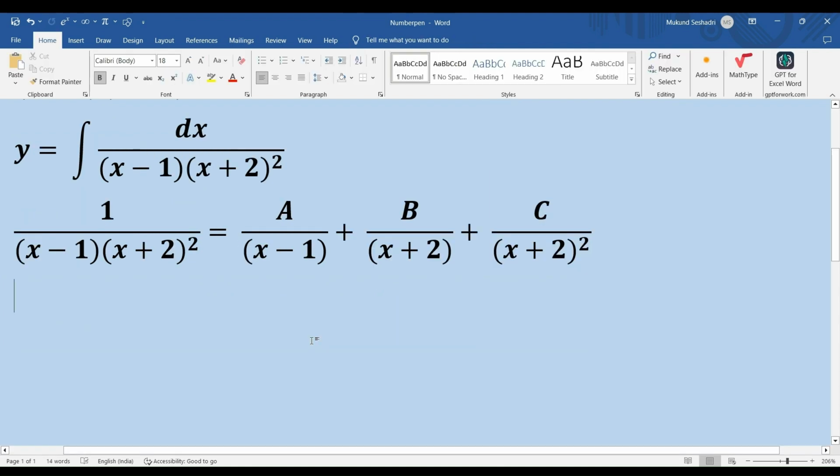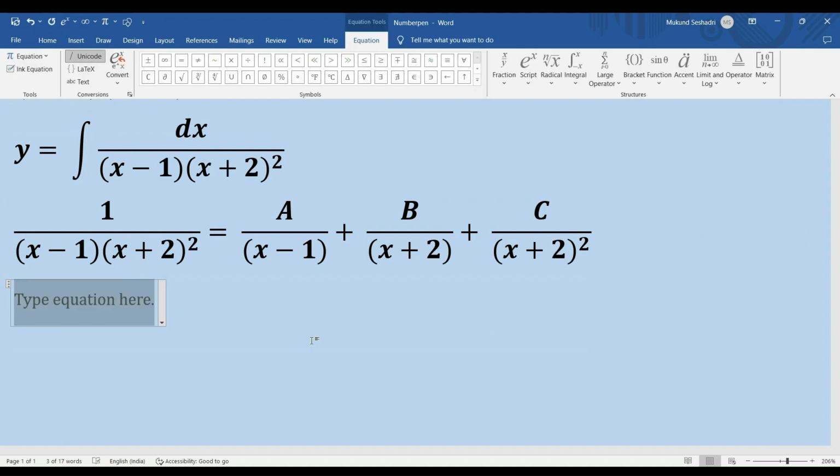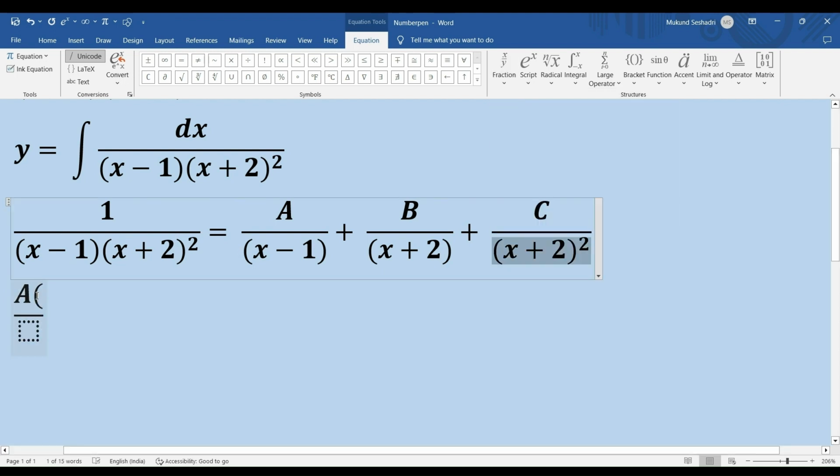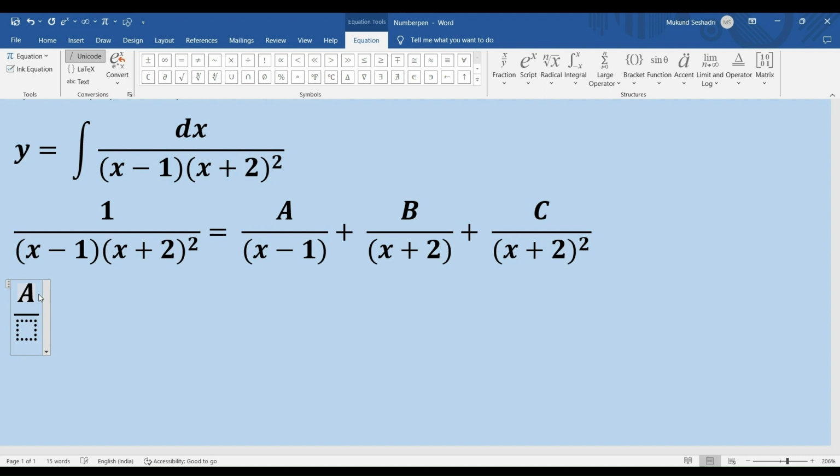So now step 2, what I do is cross multiplication, right? And then I re-express the expression as follows. My first part, which is a divided by x minus 1, when I cross multiply, I get a into (x plus 2) the whole square.